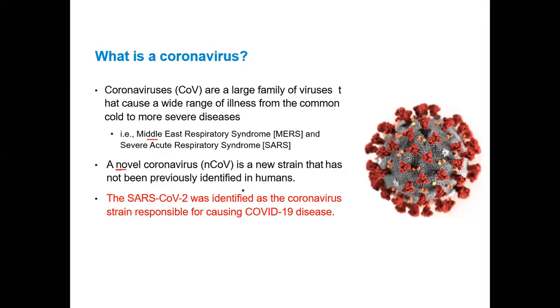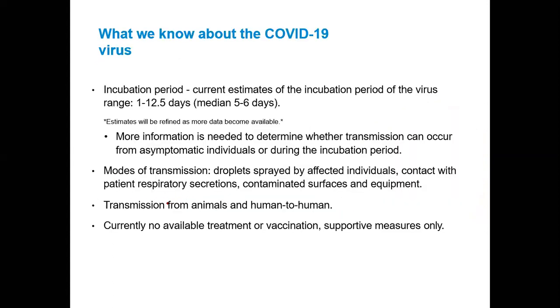The SARS-CoV-2 was identified as the coronavirus strain responsible for causing COVID-19 disease. ما احنا عندنا عشان بس نفرق ما بين الديزيز اللي هو احنا بنسميه أو اطلقت عليه WHO COVID-19 والinfectious agent هو SARS-CoV-2, one of the strains of coronavirus.